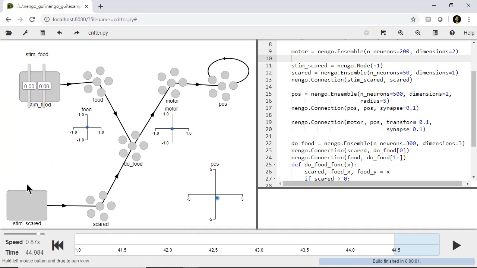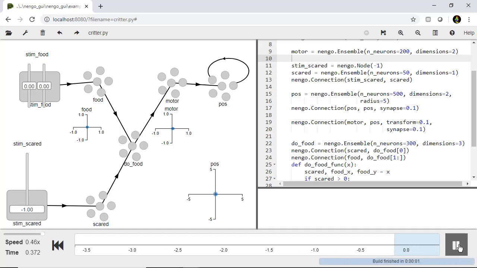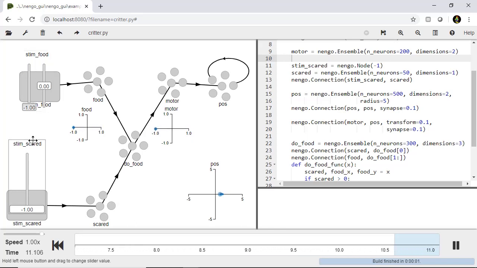So first of all, we're going to need a slider for the sim scared. Here we are, and we're going to run that. Okay, so I'm not scared. Food is in some direction. Everything seems to work fine here.